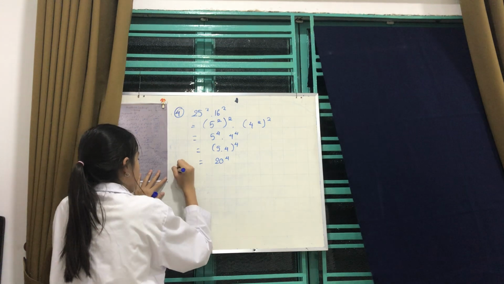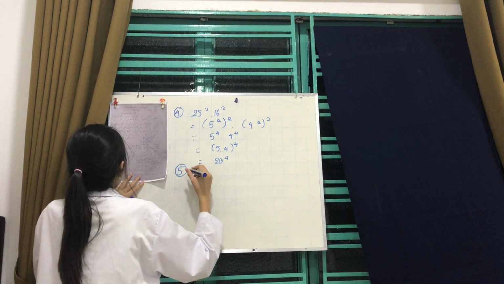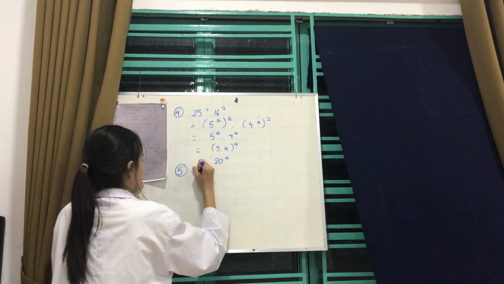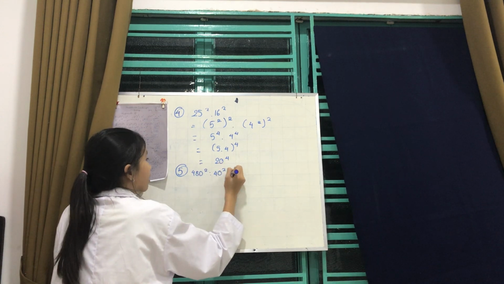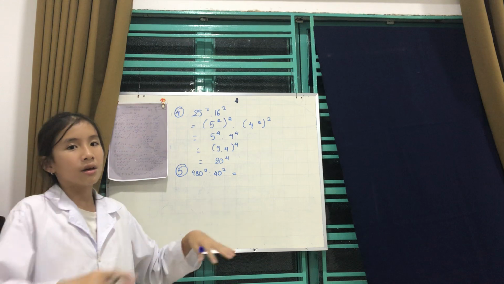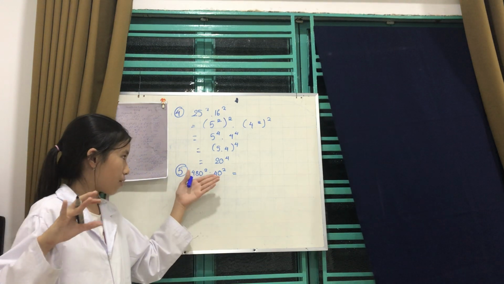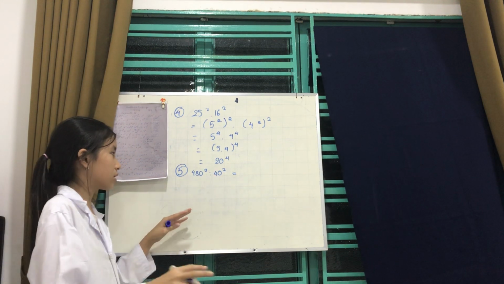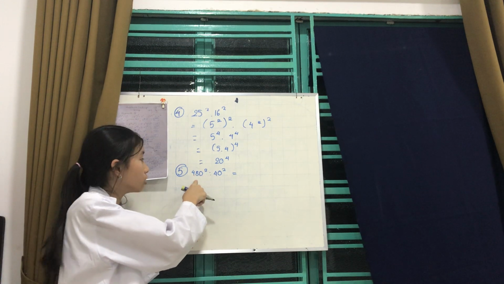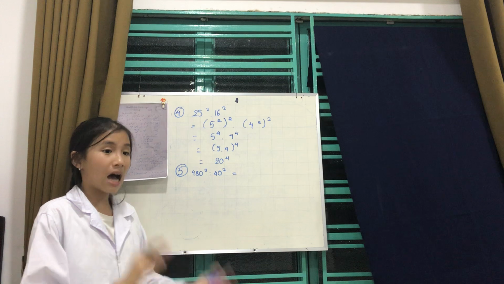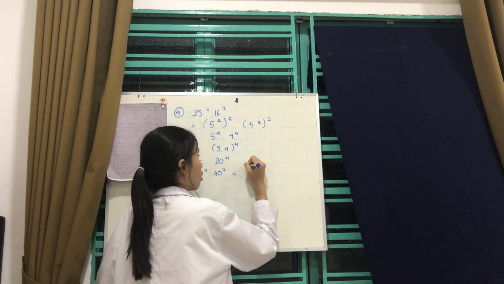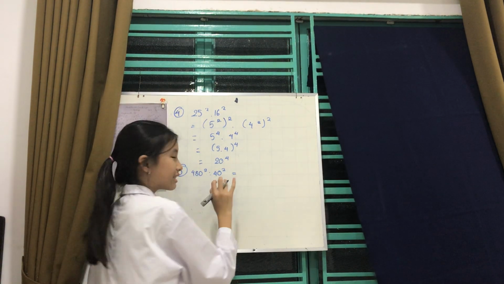Problem number 5 is 480 squared divided by 40 squared. Now, what is common in problem number 5? Well, if we look closely, 480 will equal 40 times 12.